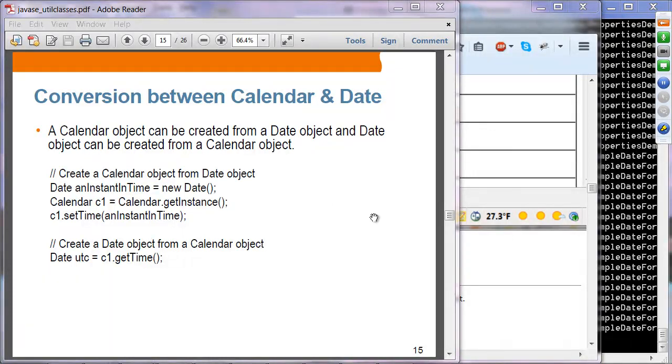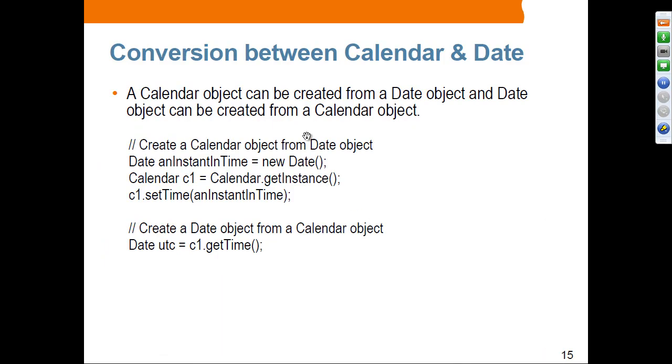Now you can convert between these two yourself. A calendar object can be created from a date object, and a date object can be created from a calendar object. Let's say you create a date object from the Date class. You say new Date, and it will use your current time to create the date object.